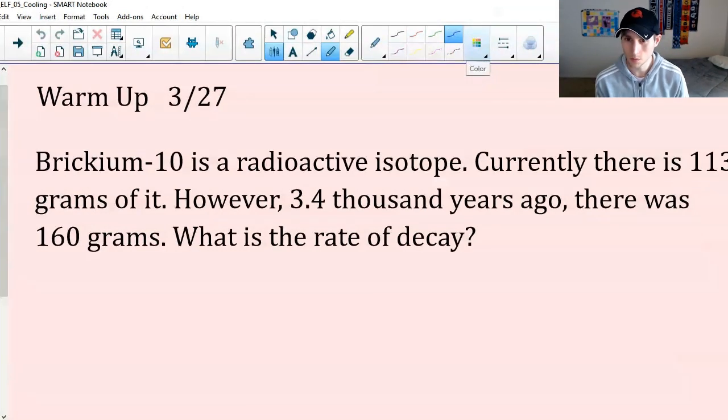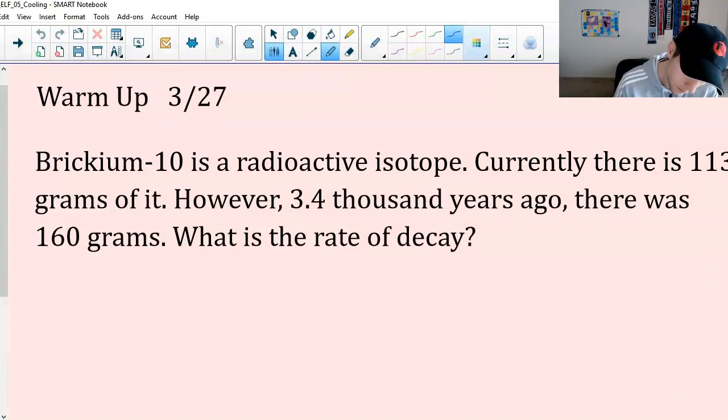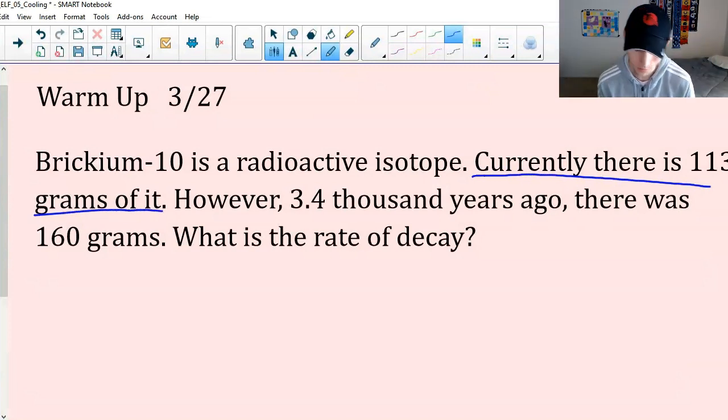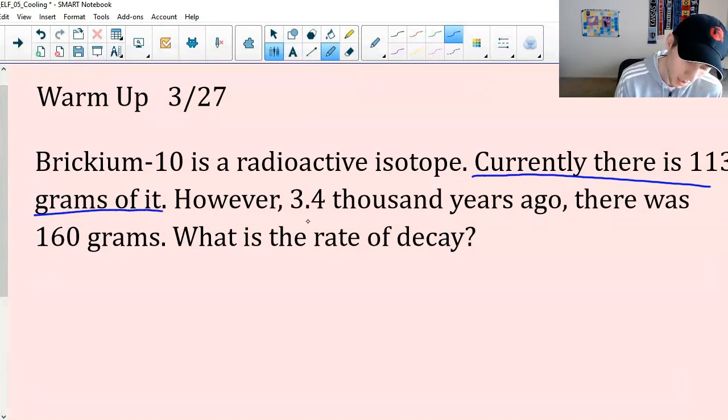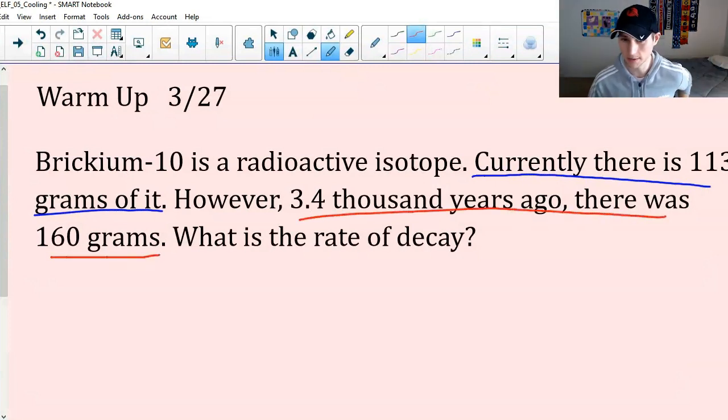This is one of those examples where it can be confusing to choose the initial amount, because we know two things. Currently, there's 113, and 3.4 thousand years ago, there was 160 grams.